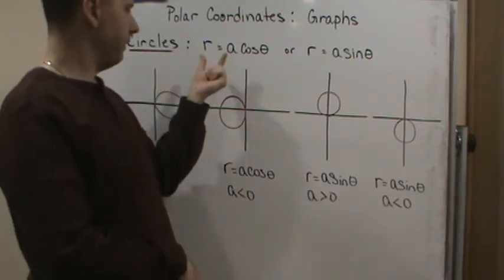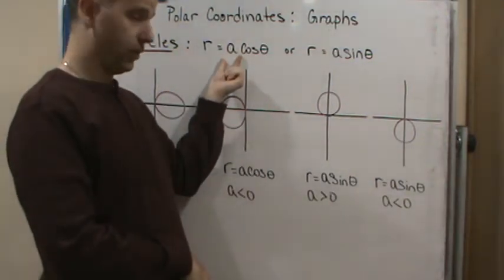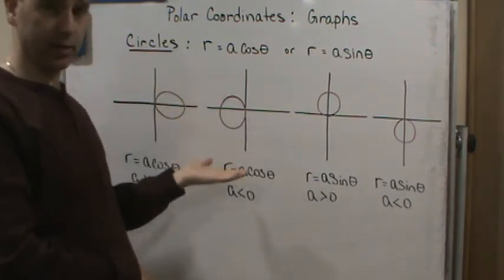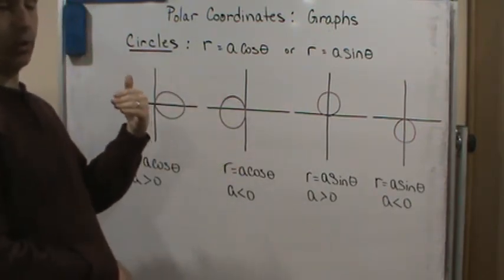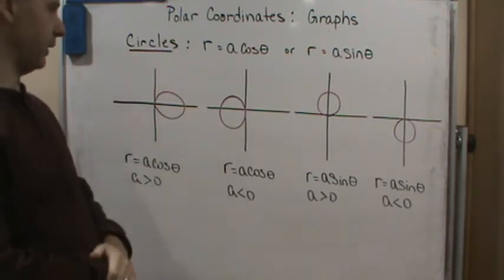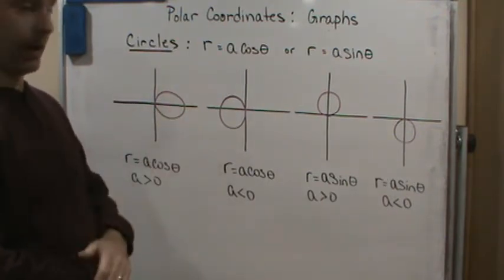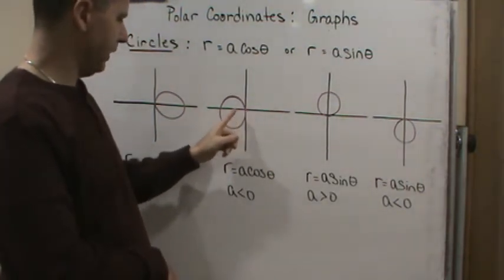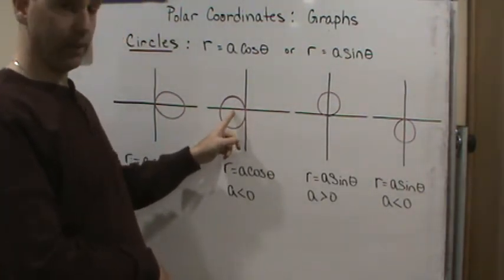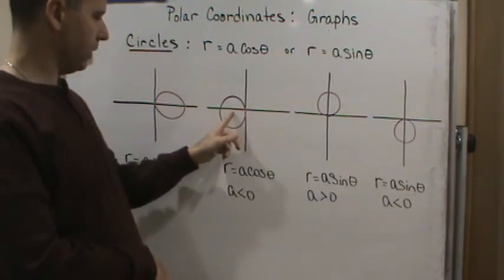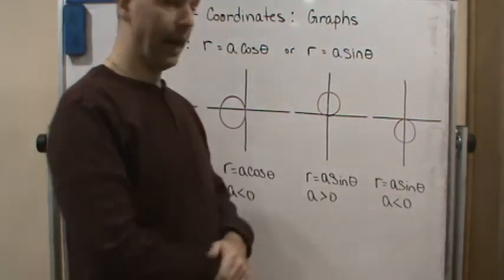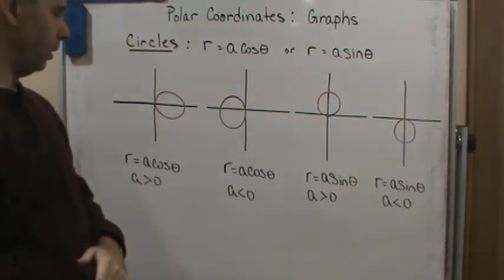so if this is telling us the diameter of the circle, the absolute value of A, then absolute value of A divided by 2 tells us where the center or the radius of the circle is. Also can be used to find the center of the circle, because the way it lies, it's going to be either A divided by 2 to the left or to the right or up or down from the pole.